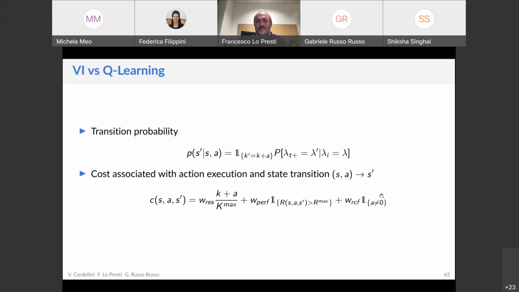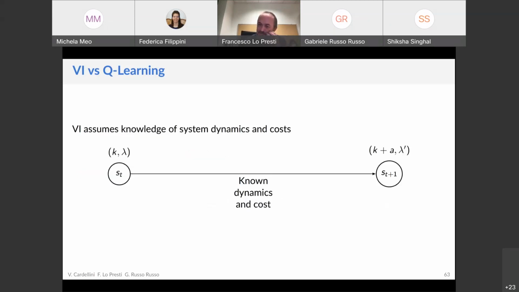So with VUI, we assume knowledge of the system dynamic and cost, and we use value iteration to compute offline our optimal policy. So I know my probabilities, my cost, and from now on, what I know, I will use sub k to indicate this is known.